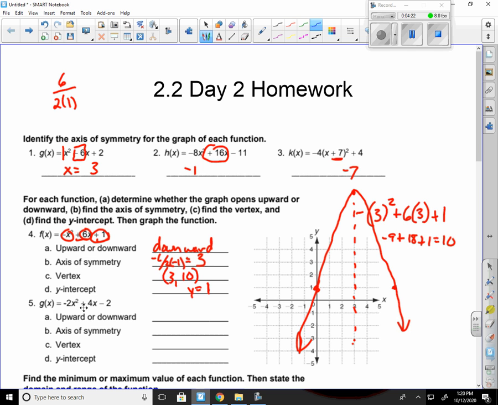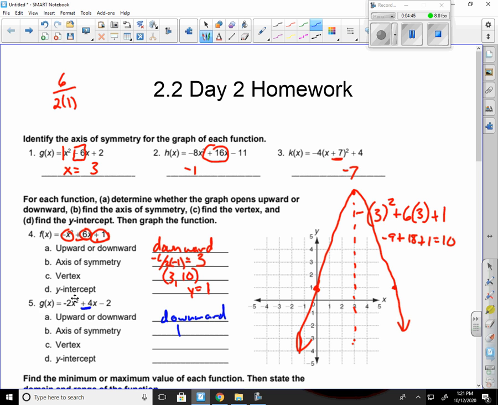Negative 2x squared plus 4x minus 2. It's a negative out in front, so that's going to be downward again. Axis of symmetry, negative b, that's negative 4 over 2a, that's 2 times negative 2. So I have negative 4 divided by negative 4, that's a positive 1.